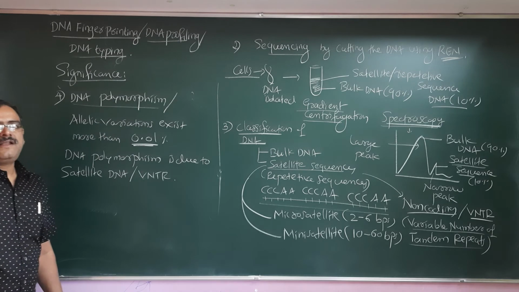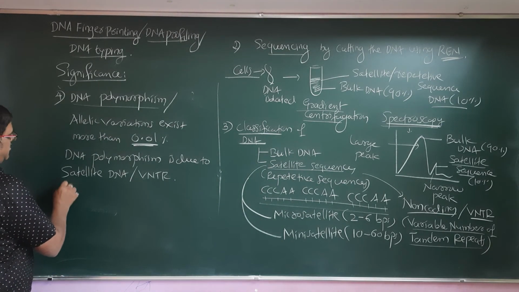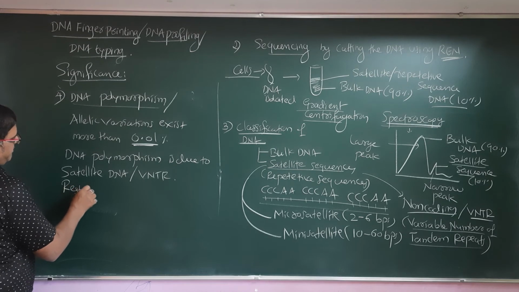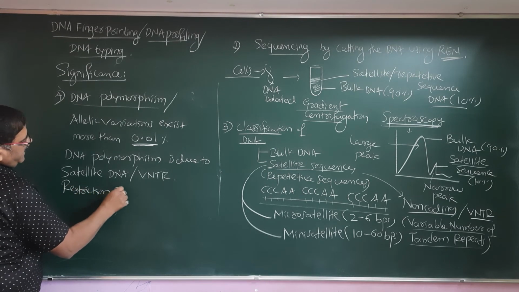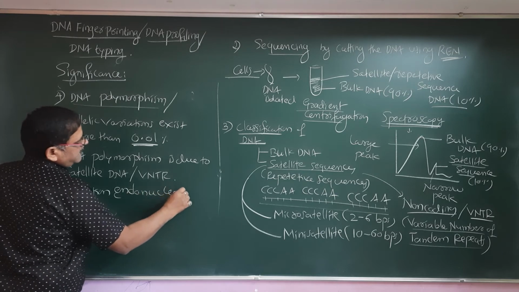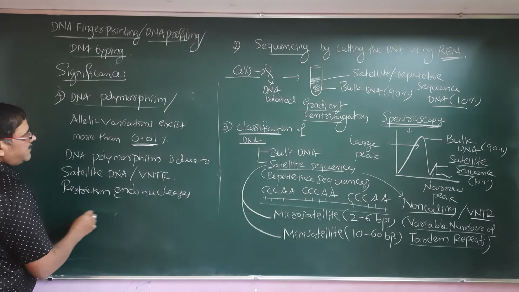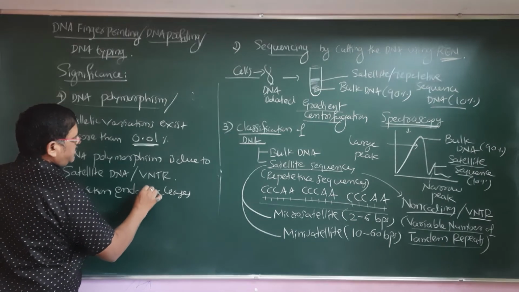So VNTR is targeted by using restriction endonucleases, which we call mainly REN.